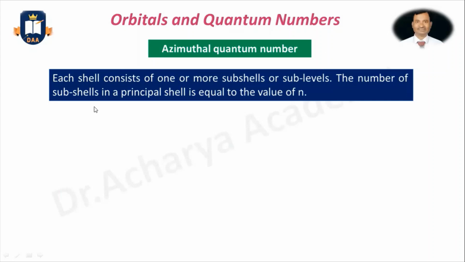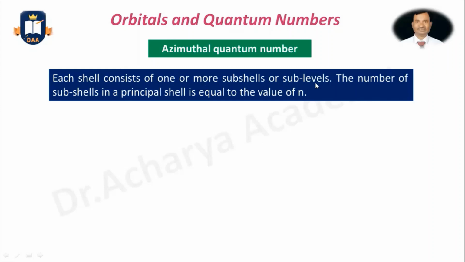The number of subshells in a principal shell is equal to the value of n. Obviously, if the value of the principal quantum number is 2, then the number of subshells also will be 2, because the azimuthal quantum number has two values.